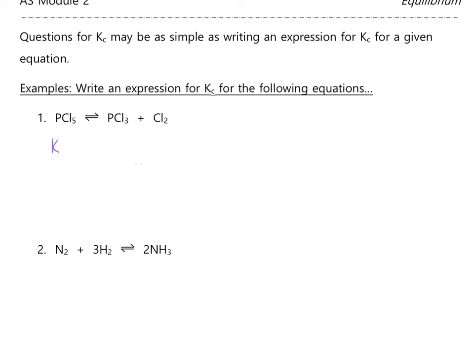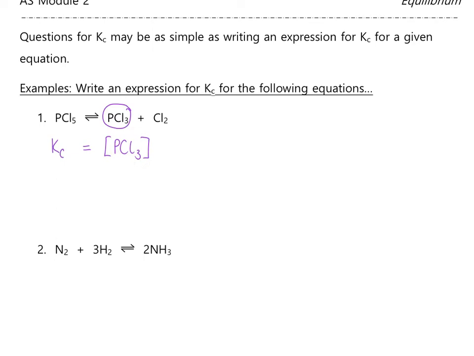So Kc is, and then we remember it's a concentration of our products over concentration of our reactants. So let's take the first product here. It's PCl3. How I represent the concentration is I put the formula in square brackets, not round brackets, square brackets.